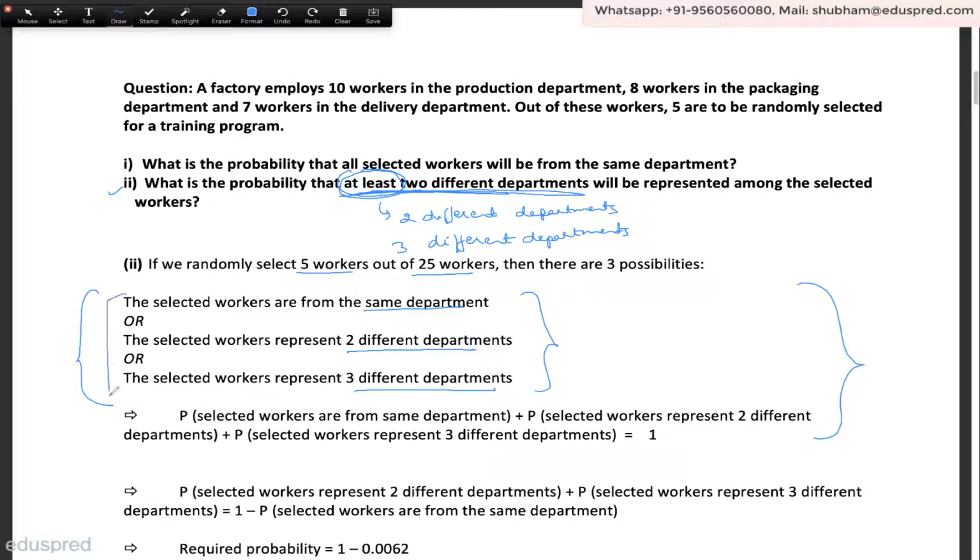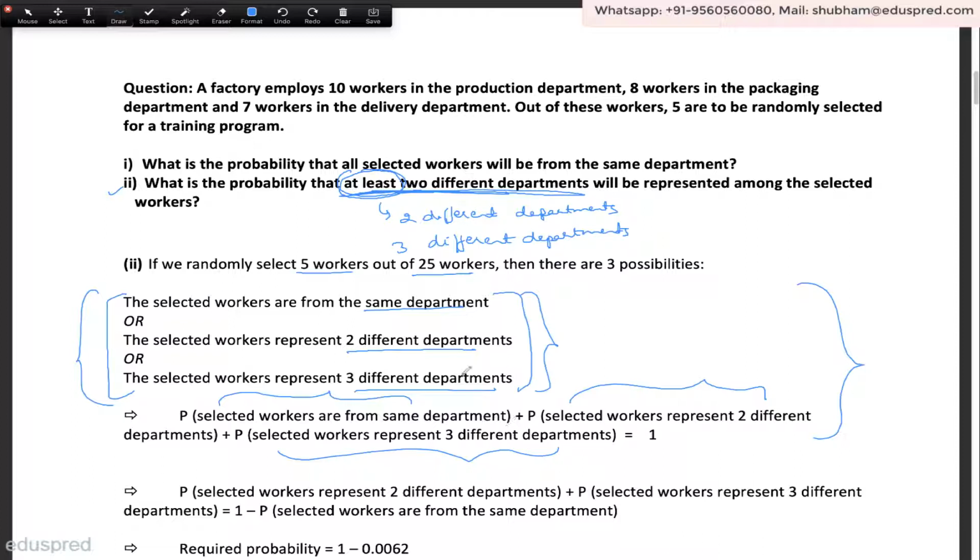Now see, one of these things is definitely going to happen. So the probability of this thing plus the probability of this thing plus the probability of this thing is going to be equal to 1, because one of these 3 events is definitely going to happen.